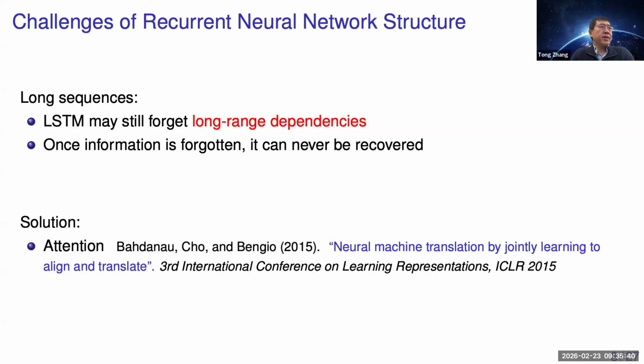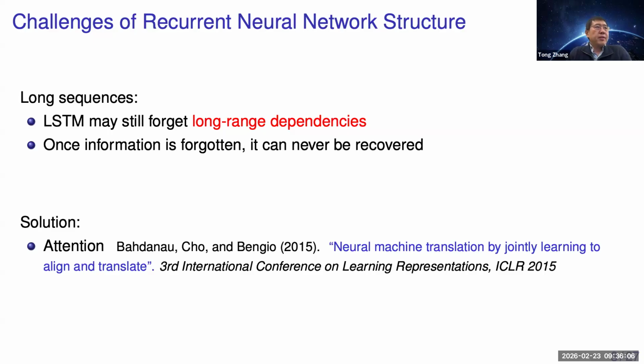The main solution to this is attention, which is quite influential. It started with neural machine translation, which at that time was the target people were trying to work on. Nowadays this is regarded as solved, since LLMs can translate arbitrary languages, but at that time it was still very challenging.